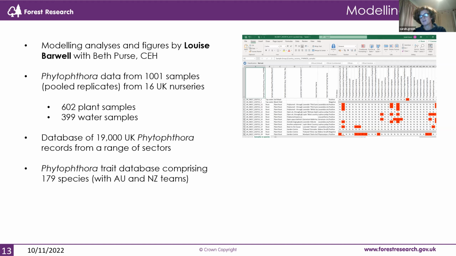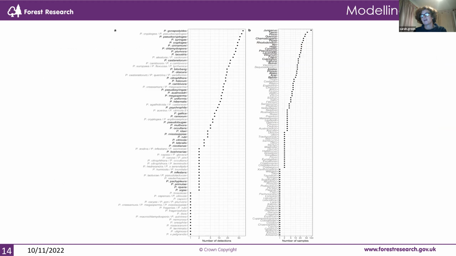And so these were the inputs that went into the models. Sorry, it's a bit hard to read, but this is basically the key Phytophthora species and the key host species that went into these particular models. And again, these will be refined, and we hope to add more species as the models are developed.